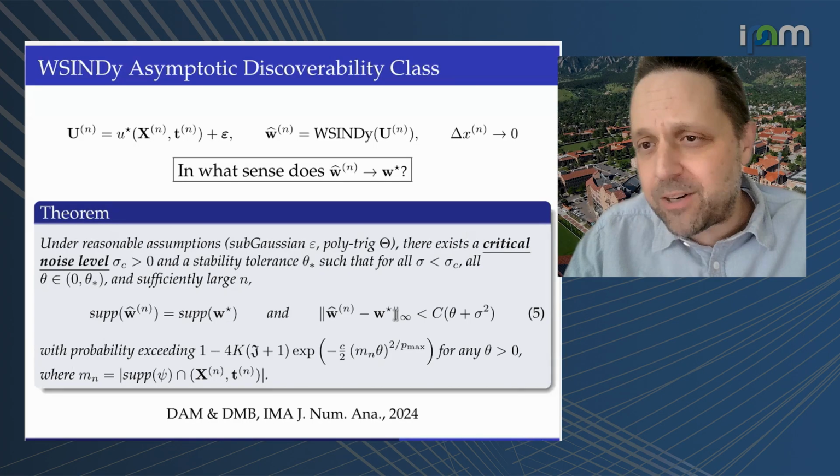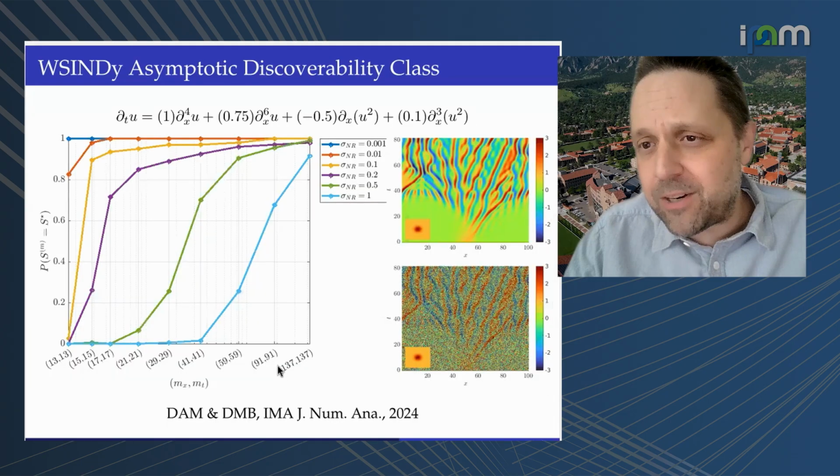The idea is that there's a critical noise level, and as long as you're below that noise level, with probability one, you will discover the correct PDE, or the correct differential equation. The visual demonstration of this is a kind of hyper Kuramoto-Sivashinsky, with sixth derivatives and other things.